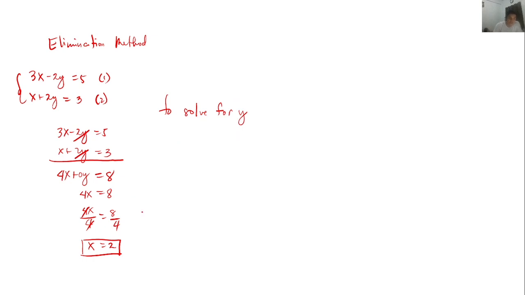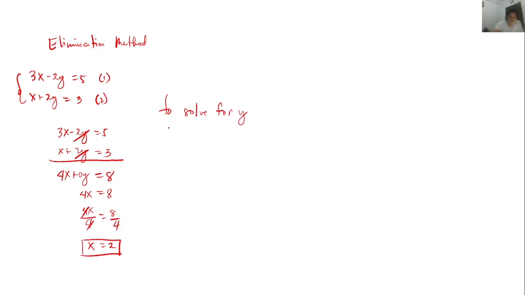We will substitute the value x equals 2 into any of the equations. Say we have 3x minus 2y equals 5. Substitute x equals 2. We have 3 times 2 minus 2y equals 5. Then 6 minus 2y equals 5.